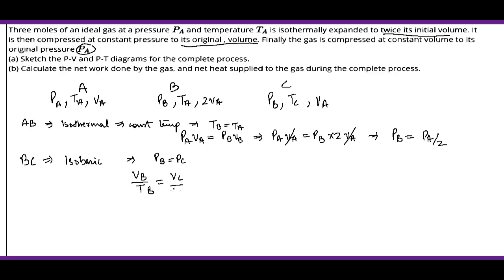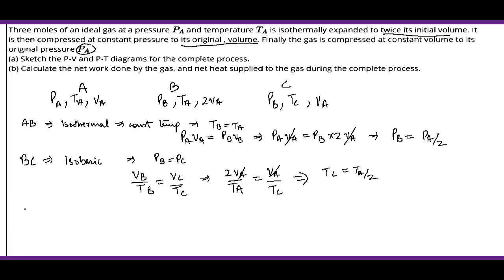Vb is given as twice of Va, so twice Va over Tb, which is nothing but Ta, is equal to Vc over Tc, and Vc is again Va. So from here we can see that this implies Tc is equal to Ta by 2, right?